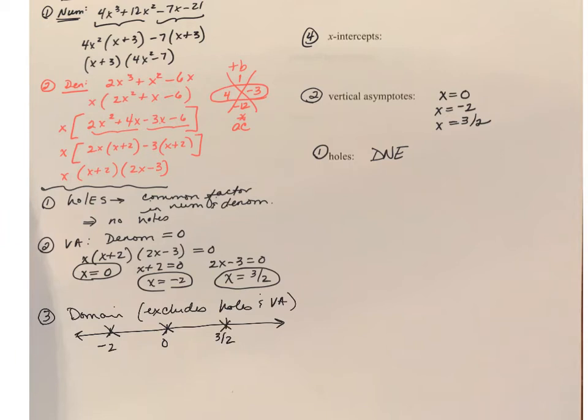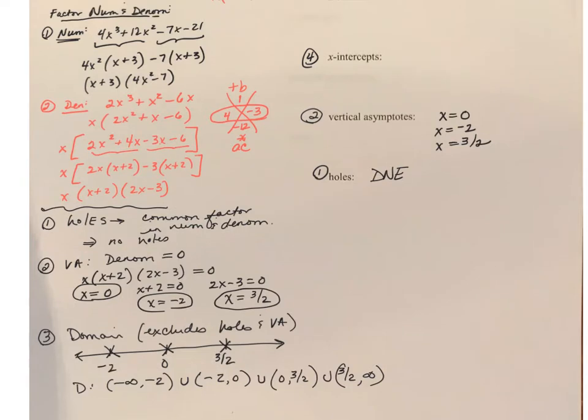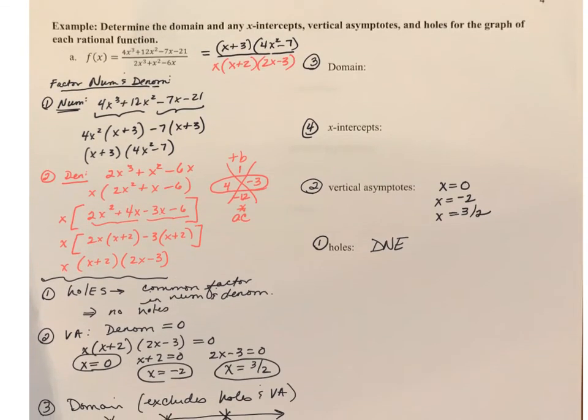So that means that the domain is negative infinity to negative 2, union negative 2 to 0, union 0 to 3/2, union 3/2 to infinity. If you want to add that up here, the right section, that's probably a good idea.